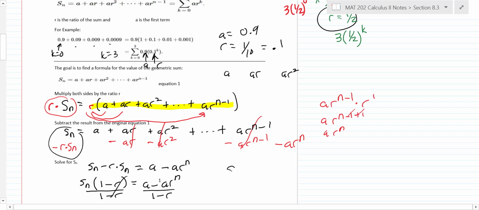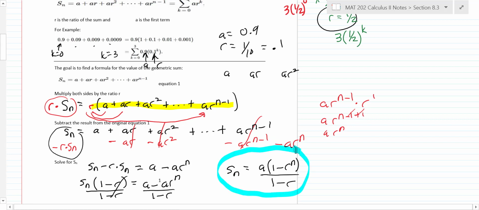So what I get is the result, S of n, and then I'm going to go ahead and factor the A out now. So I have A times 1 minus r to the n all over 1 minus r like that. And then that's the conclusion. So that would give you a formula for the partial sum of a geometric series.